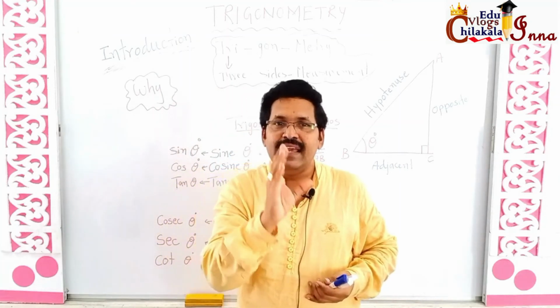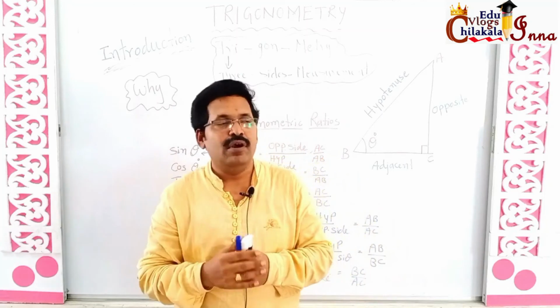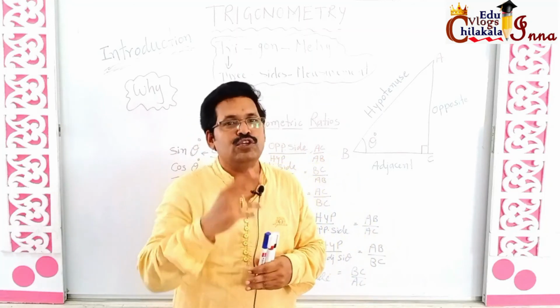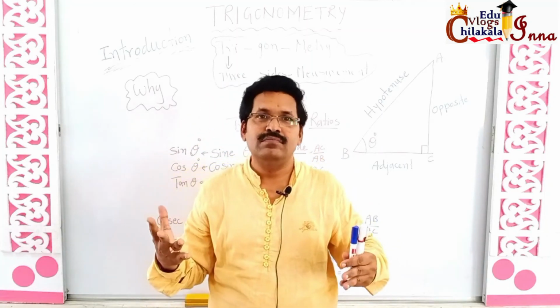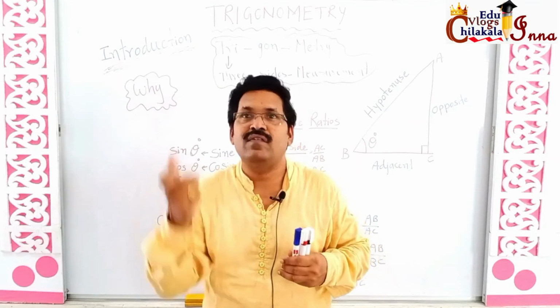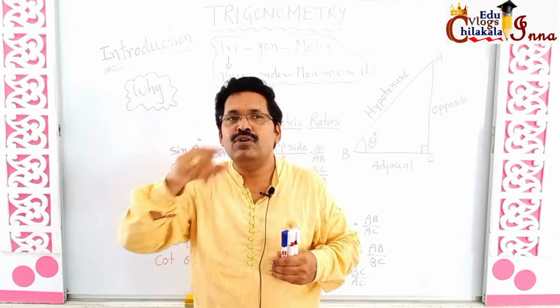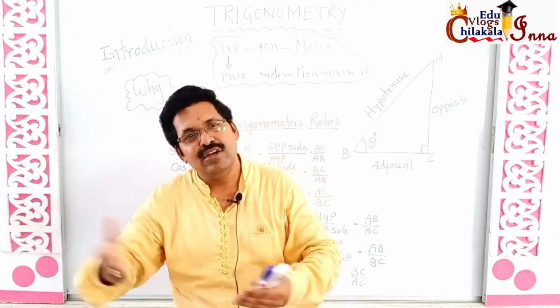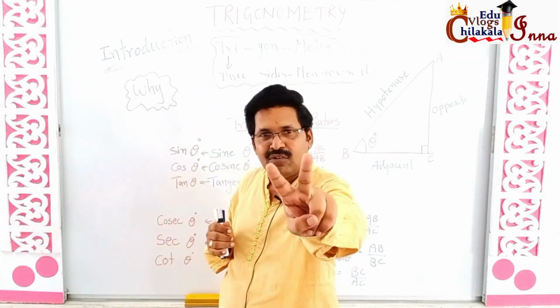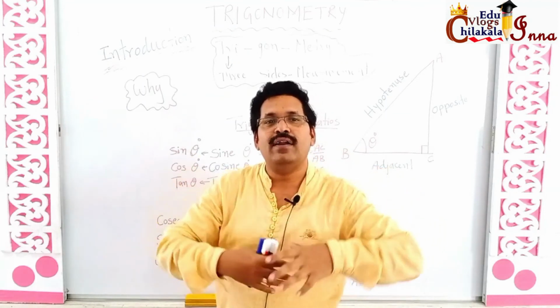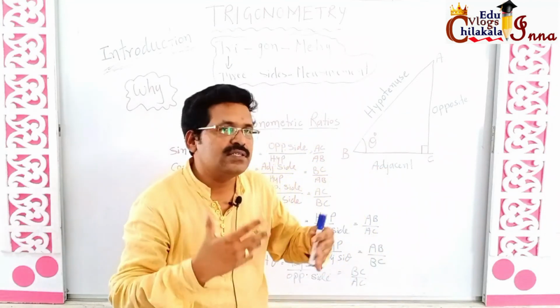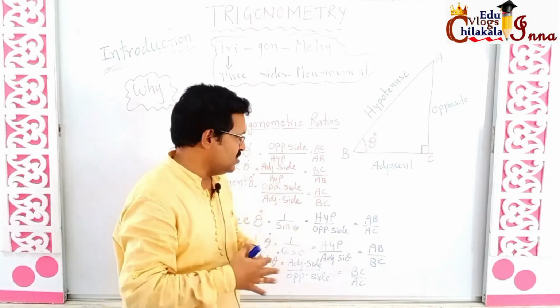If I say 2, what is the reciprocal of 2? 2 into 1 by 2 is 1. So whenever two mathematical quantities have a product of 1, we can call them opposites or reciprocals.